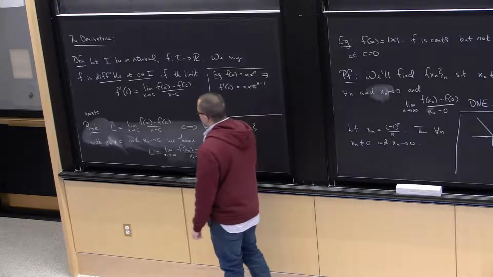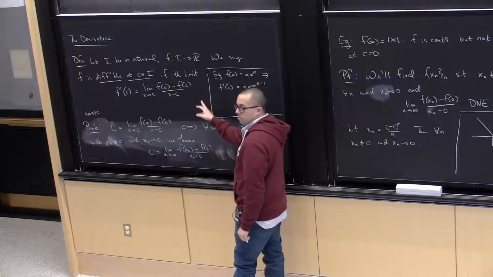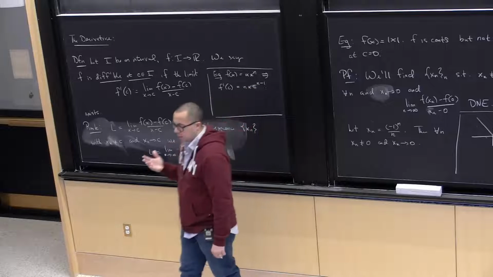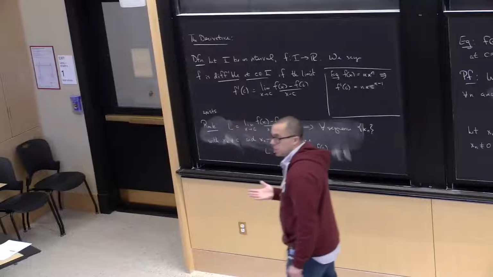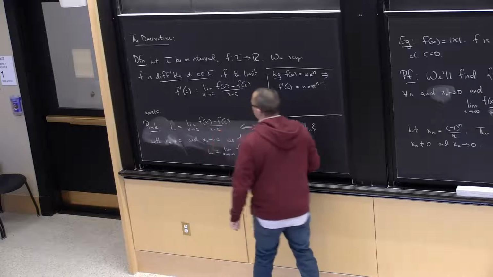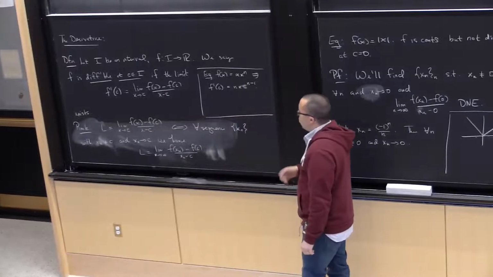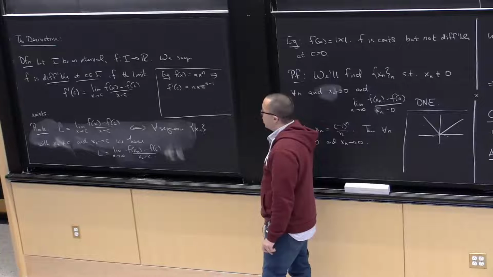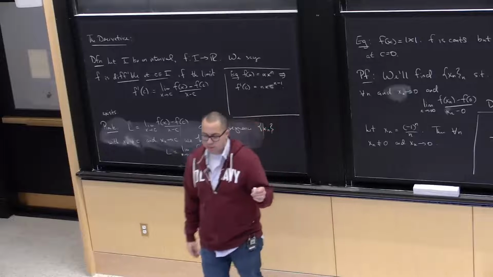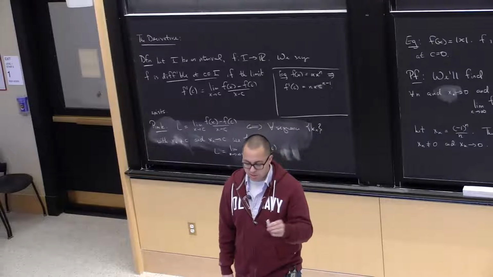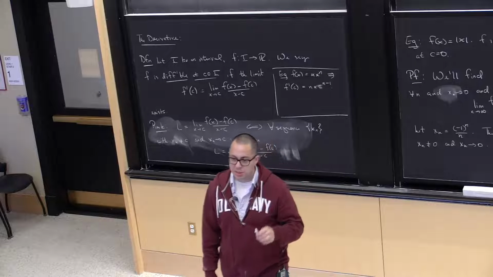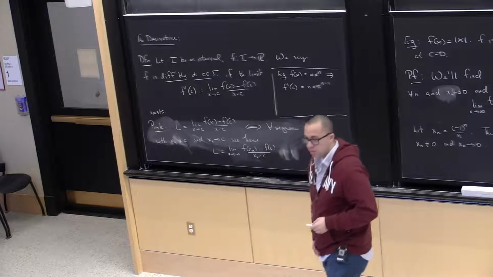All right. Now, let's state this in an equivalent way using sequences. Remember, we had this characterization of limits of functions, and the function we're looking at is f of x minus f of c over x minus c. We had this equivalence between limits and limits of sequences from last time: the limit of g of x as x goes to c equals L, if and only if for every sequence x sub n converging to c, g of x sub n converges to L as n goes to infinity.